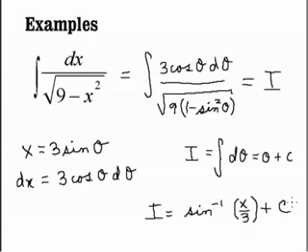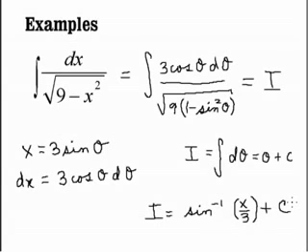Now here is a specific example. We have the integral of dx over the square root of 9 minus x squared. If we let x equal 3 sine theta, dx is 3 cosine theta d theta. And we substitute in. We can simplify the integrand. And what we get is that I is just the integral of d theta.